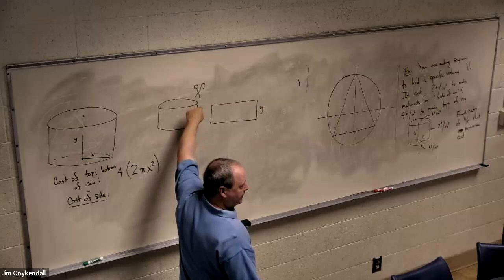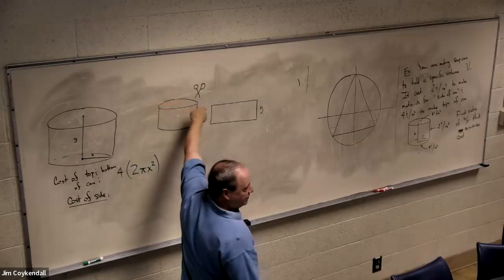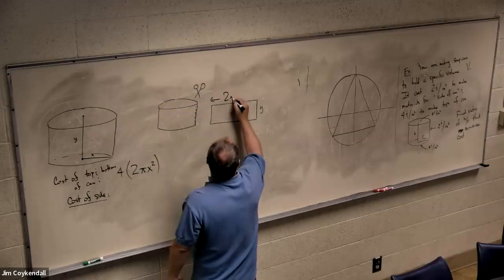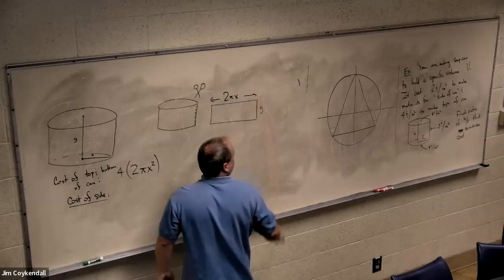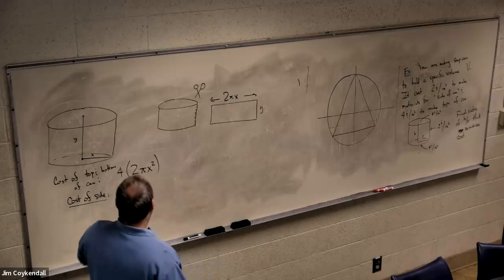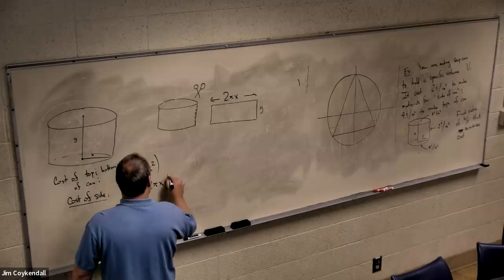The unrolled length should be the distance around that circle, right here. So the area of the side is 2 pi x y.